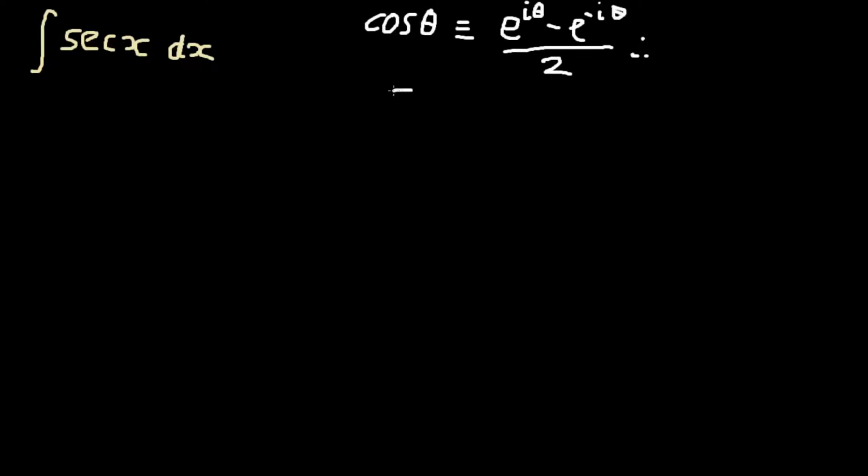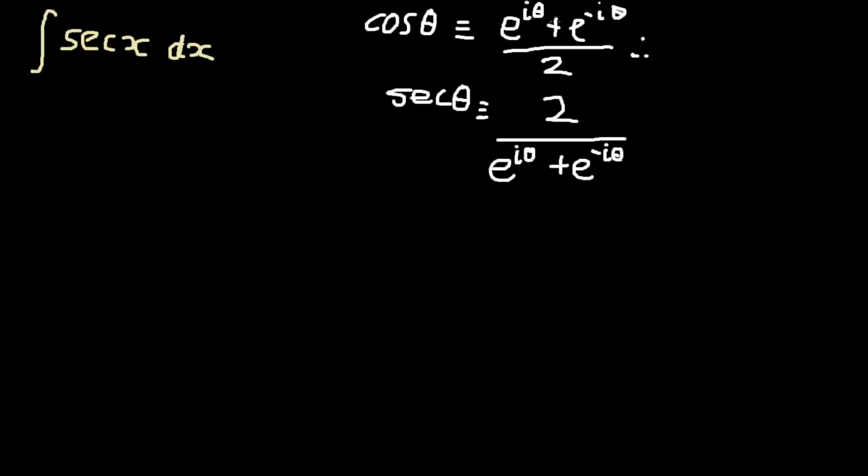Therefore, the secant of theta is just the reciprocal of this, namely 2 over e to the I theta plus e to the minus I theta. Sorry, this should be plus. If it was minus here, that would be sine theta.